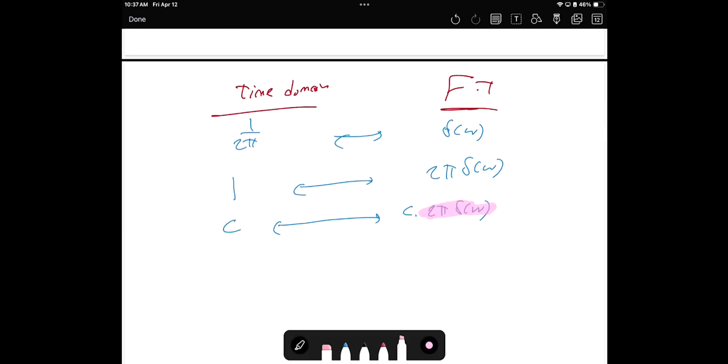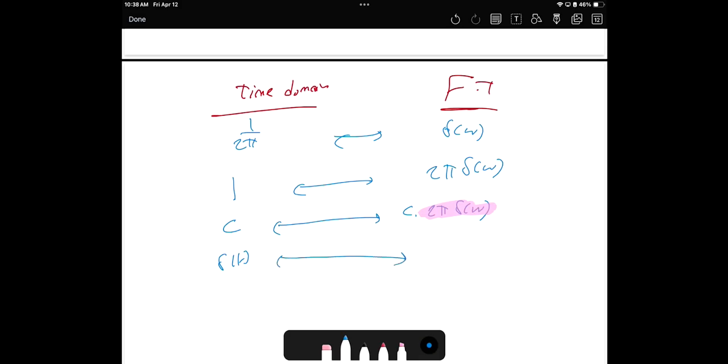While in the Laplace transform, anyway, you can find it later. On the other hand, whenever we have delta(t) in the time domain, what will it give you?